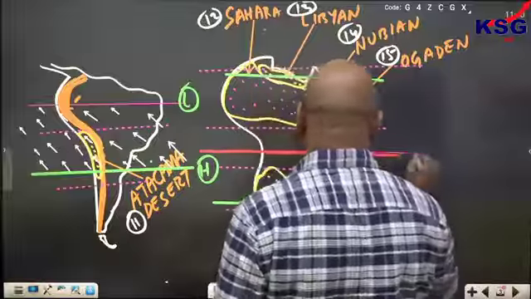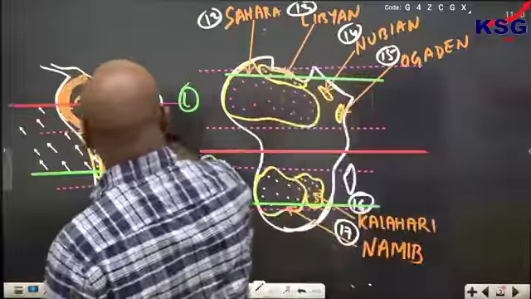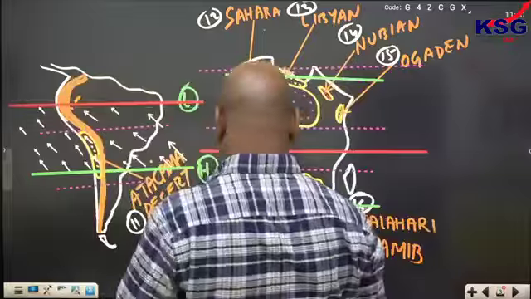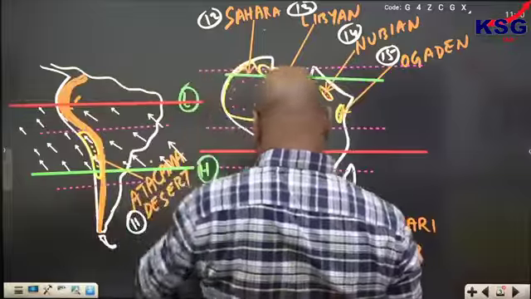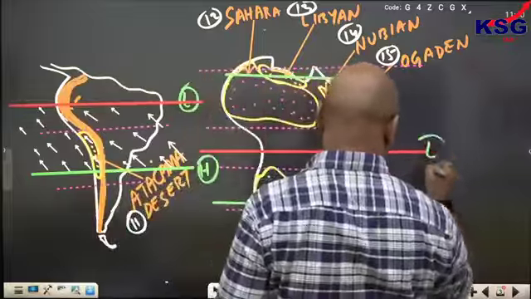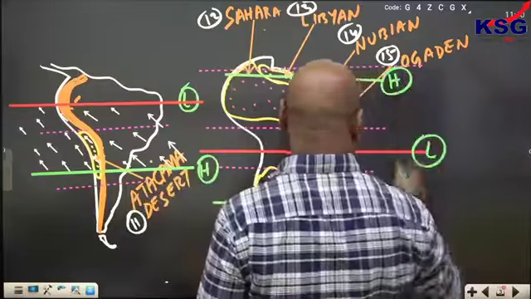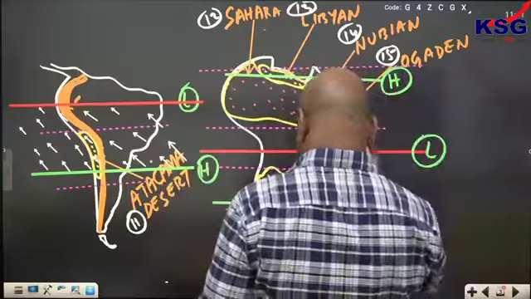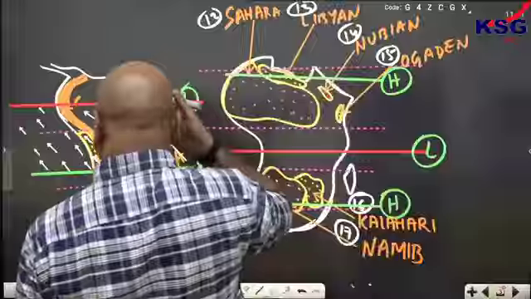This is equatorial low pressure. This one here is the low pressure belt. Here is a high pressure belt. This is also a high pressure belt. You remember that? Now the wind will blow here.